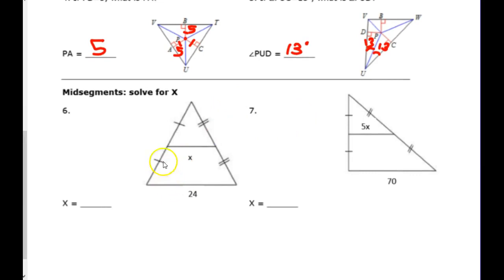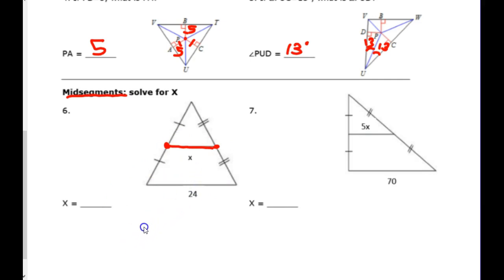And then number 6. Okay, mid-segment. We know that from a midpoint to a midpoint, the mid-segment is half of the parallel side. So from here to here is half of this parallel side. If the bigger outside segment is 24, and the mid-segment is half of that, then 24 divided by 2 gives me x.